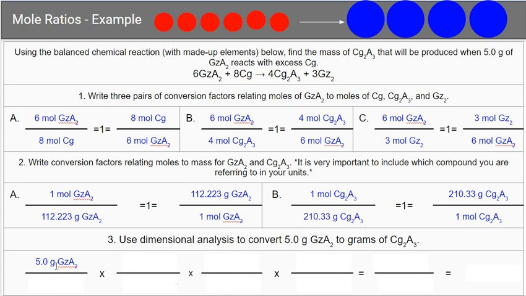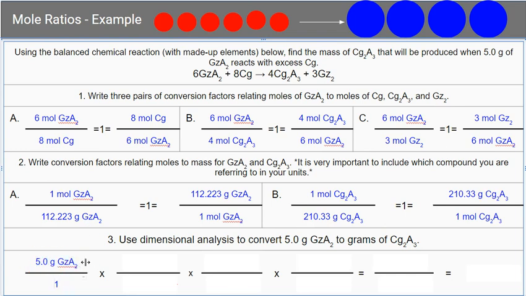And the way we do that is we take this given, which is 5.0 grams of GZA2, and you divide by 1. That's the rule for anything. You can divide anything by 1 and it's still itself. It's just turning it into a fraction form. Please do not put moles here or grams or any unit. You're not dividing the units out because it's not equivalent. We're saying that we're just turning this value into a fraction.